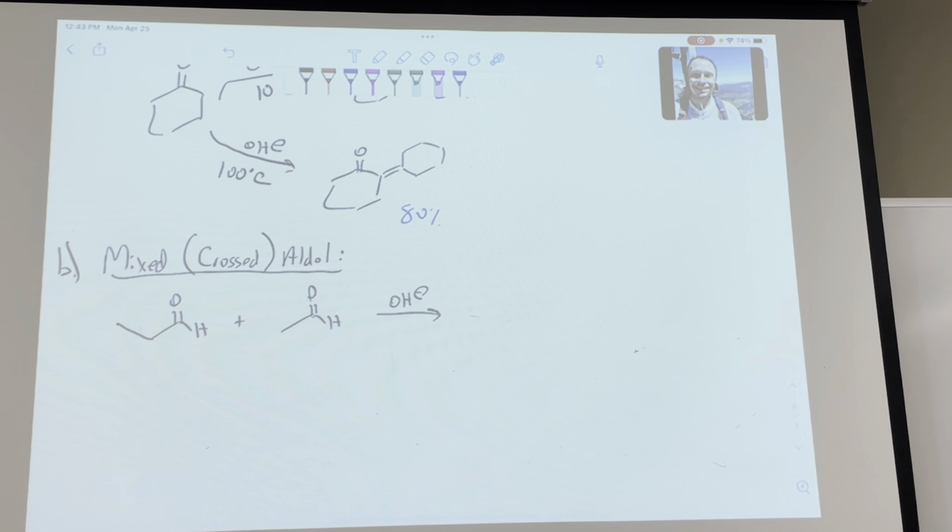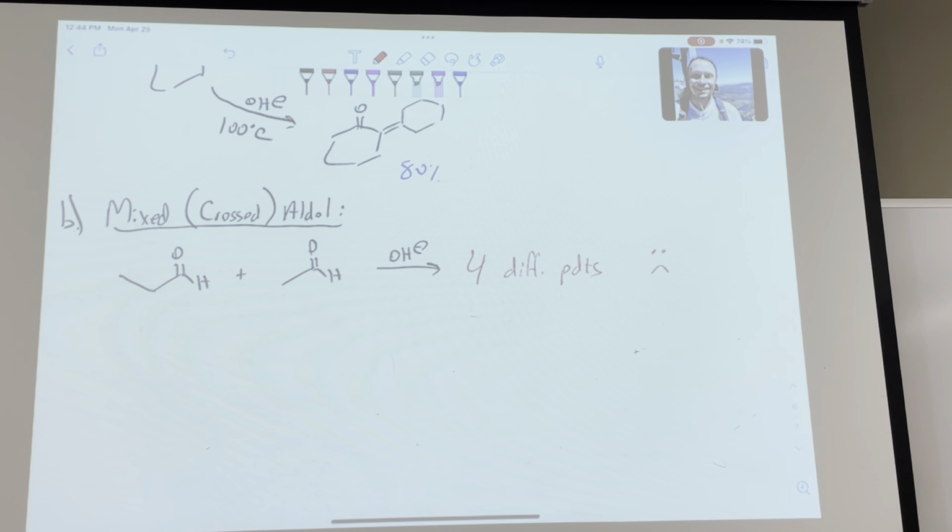But the 2-carbon aldehyde could also attack itself. Similarly, you could also make the enolate out of the 3-carbon aldehyde, and it could attack the 2-carbon, or it could attack itself. So if you were just to run this reaction as written, you would end up making 4 different aldol products. Not a good way to run a reaction.